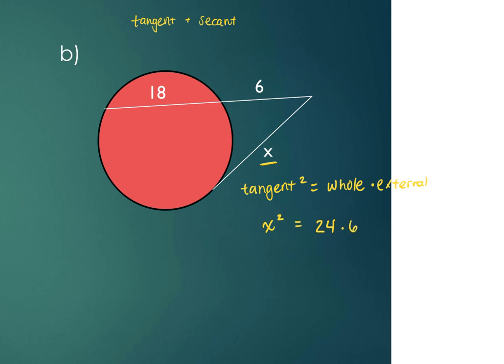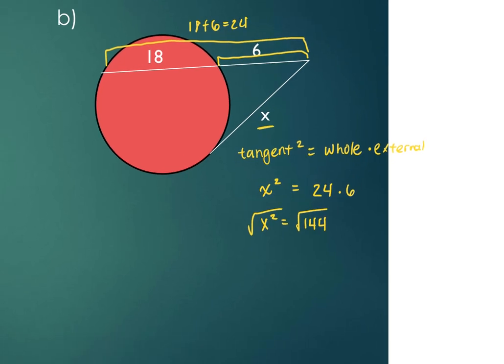So we added 18 plus 6 to give us 24, and that's the whole length of this entire side. And then the external is just this little part, which is 6. So x squared equals 24 times 6. We're going to get x squared equals 144. We take the square root of both sides, and we're going to get x equals 12.